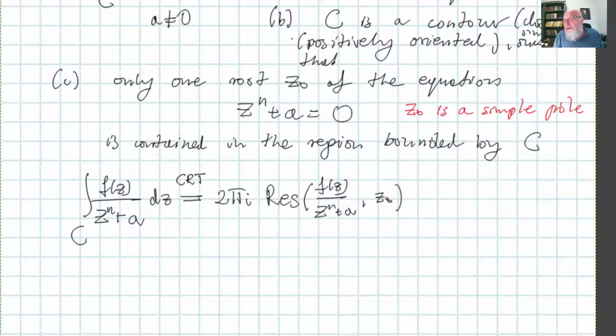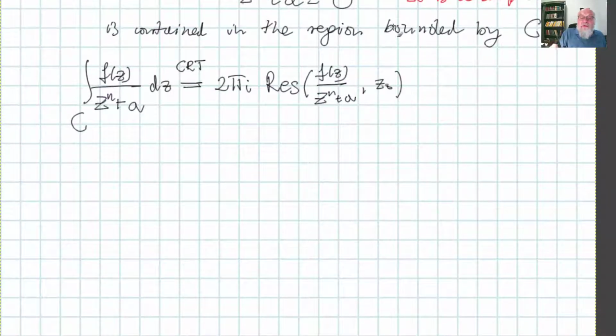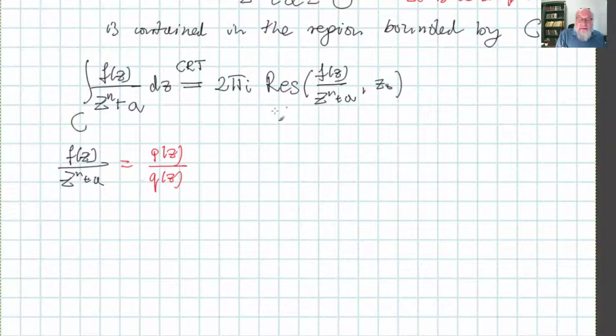So recall how such residues are computed in such a situation. Here we have f of z over z^n plus a. Call the numerator p of z, which is f of z, and the denominator q of z. Then we need to assume a couple of little things. Assume that f of z0 is different than 0, just to make sure we do not have a removable singularity.